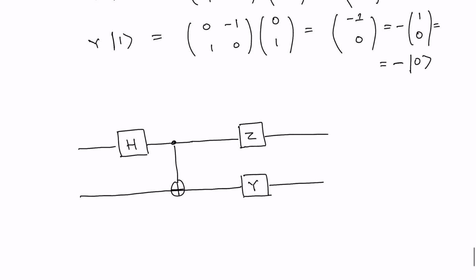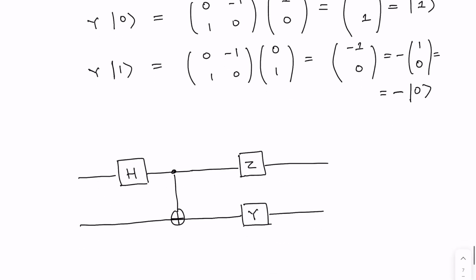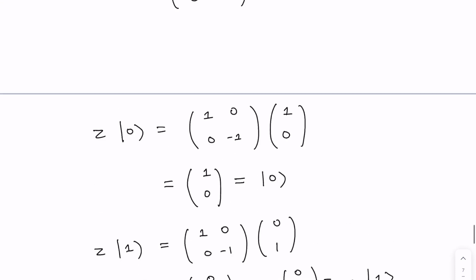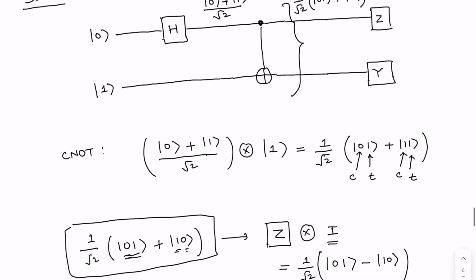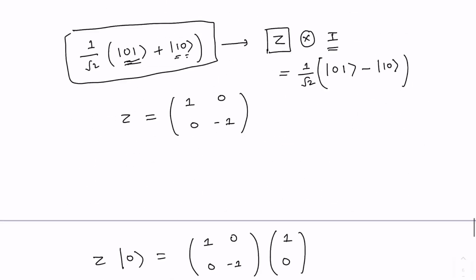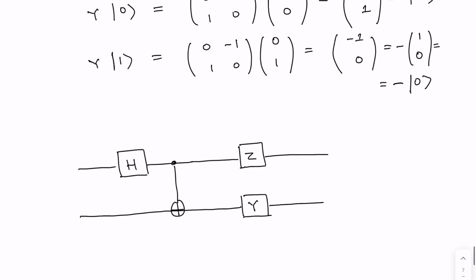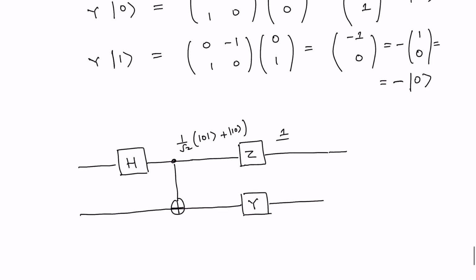Now after this C0 gate operation, what we have got is the state to be like this. It's a superposition of 01 and 10. So we have here 1 by root 2, 01 and 10.